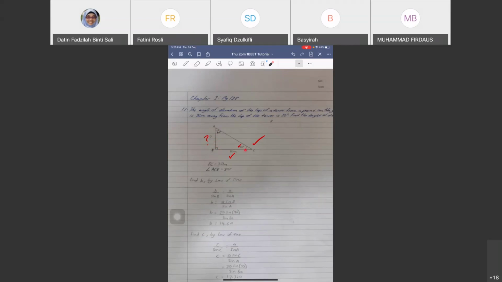The adjacent is given, and you know this angle is 30. So just use tangent 30 equals AB over 30. So AB is 30 tangent 30 degrees.